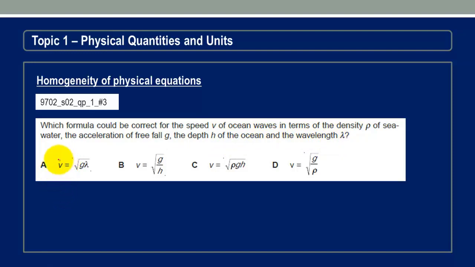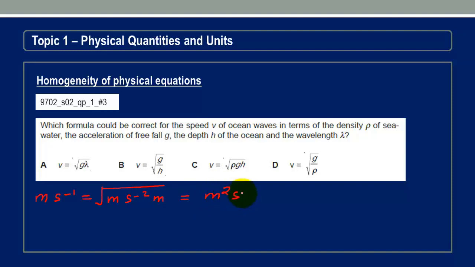We must know the SI base units on one side of the equal sign. For example, the base SI unit of velocity is meters per second. So we start by writing those. Meters per second is equal to, there is a square root sign here, g, which is acceleration due to gravity, has the units of acceleration, which is meters per second squared. And lambda, which is a length, has the units meters. Meters times meters is meters squared.